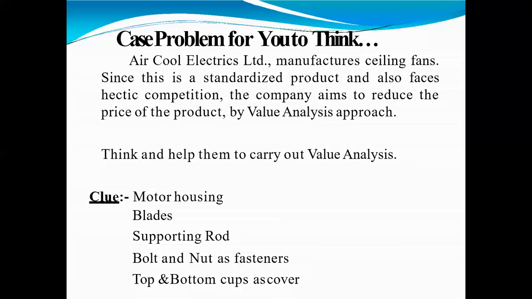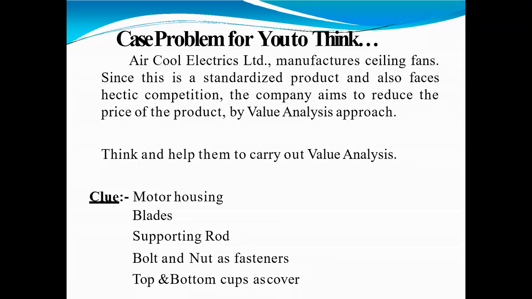Here we can give our concentration to blade size, blade area, and number of blades. Mostly 3 blades are there, is it right? And if you look at some fans, some companies are providing 4 blades. So what is the difference between 3 and 4 blades?